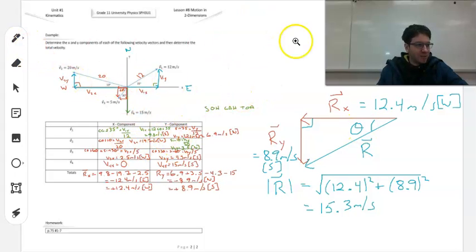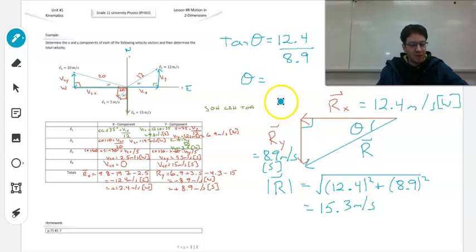So I'm going to do it up here where I have some more space. And I'll write the tan of theta. Tan is opposite over adjacent, so SOHCAHTOA, opposite over adjacent. So it's 12.4 divided by 8.9. And then if you take the inverse tan of both sides and figure out what theta is, you'll get theta to be, where's my calculator?